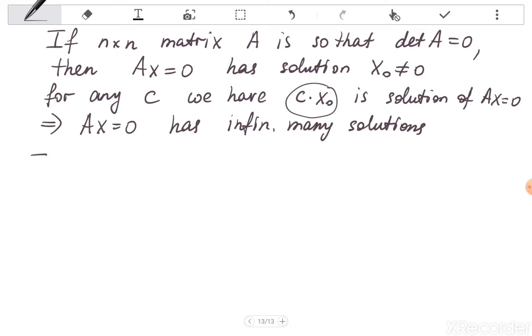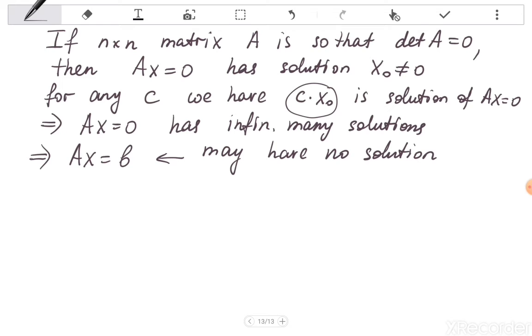And it means that if we look now at the system Ax equals b, this system may have no solutions, depending on b, of course, or may have infinitely many solutions.